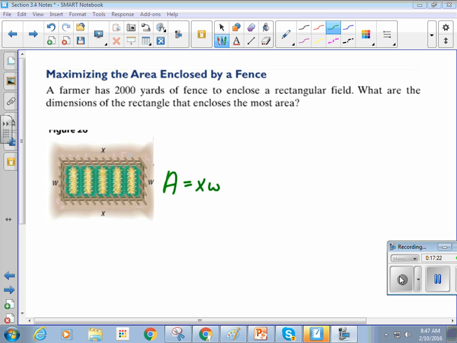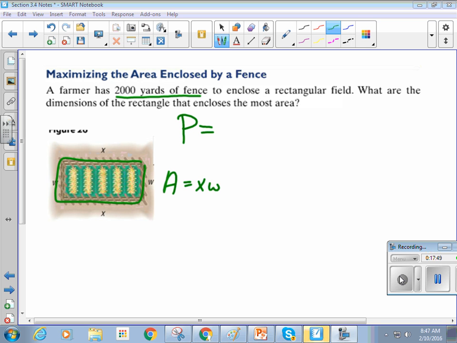All right, so the other equation that we're going to use comes from this little piece of information here. When we have a fence, we're not going to lay the fence down to cover our crops. We are going to line our little rectangular area with our fence. And when we line something or we go along the outside of a shape, that's called perimeter.